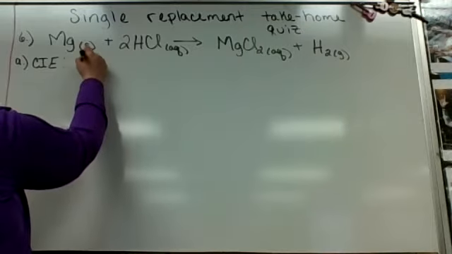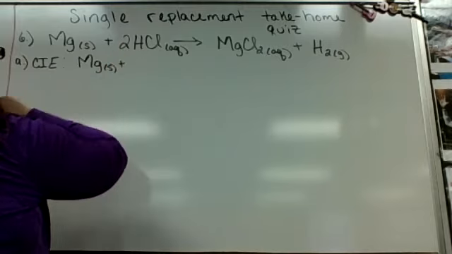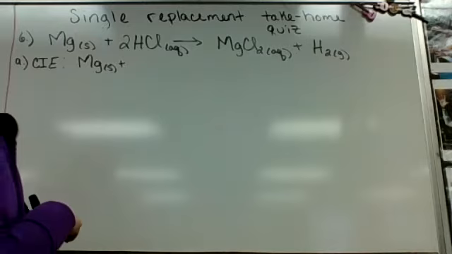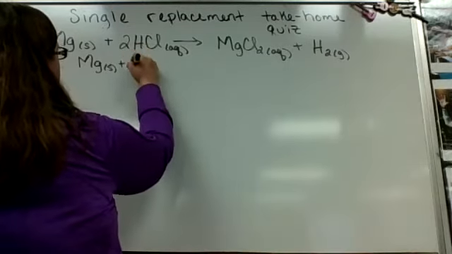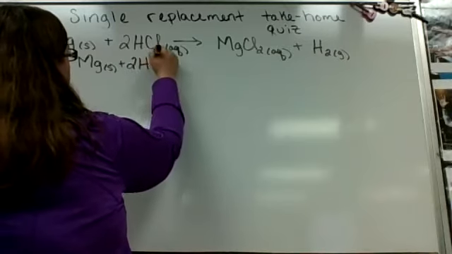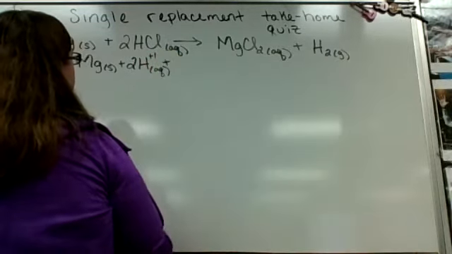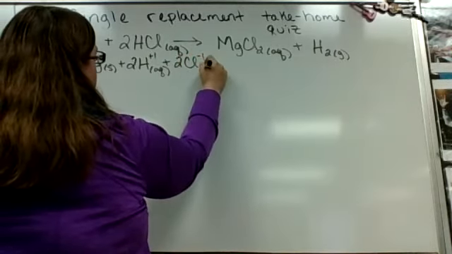Therefore, Mg is going to stay Mg solid without a charge. What do I do to the 2HCl aqueous? Split it into what? 2H plus 1 aqueous, and then 2Cl minus 1 aqueous.